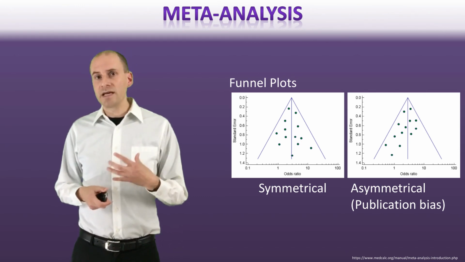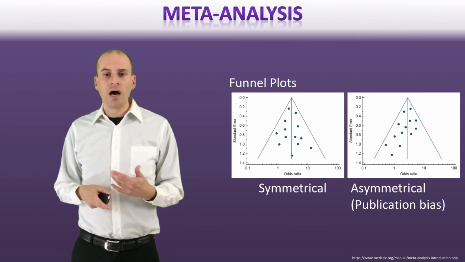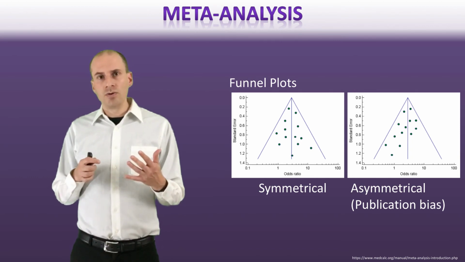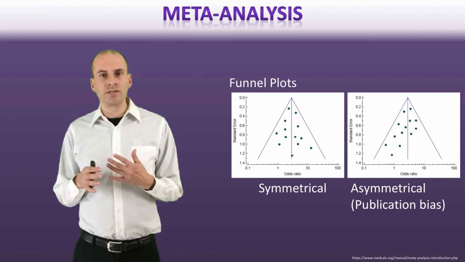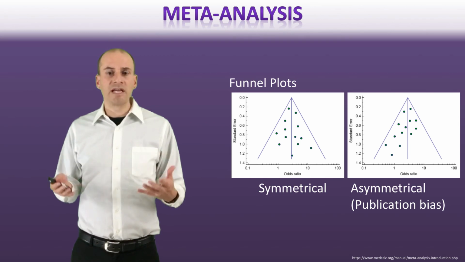But these meta-analyses can actually look at that, and they can chart using a funnel plot to essentially see whether or not there's asymmetry in the publications that are out there.